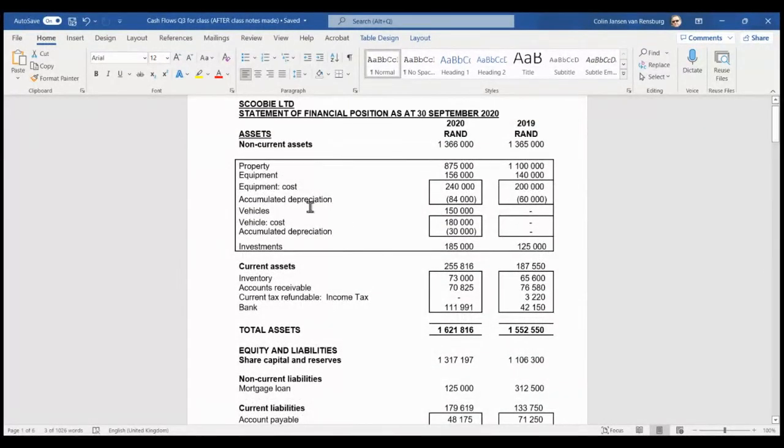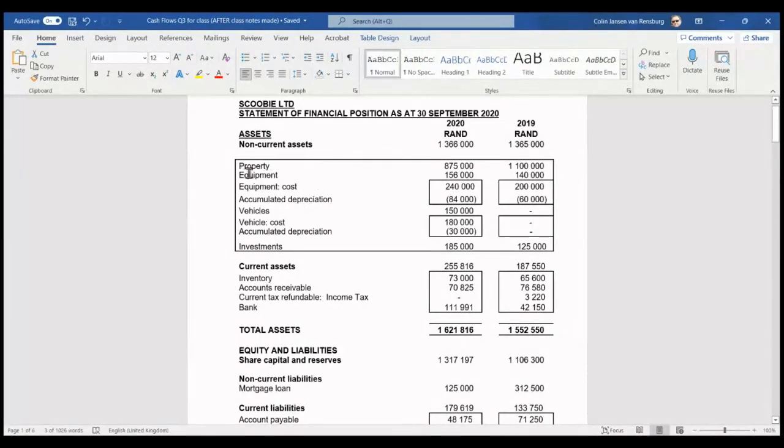So we'll have to scroll all the way up to our non-current assets. We'll have to see what kinds of non-current assets we have. So we have property, we have equipment, we have vehicles, and we have investments. That should actually be disclosed as financial assets if this had been a statement of financial position that is ready for publication.